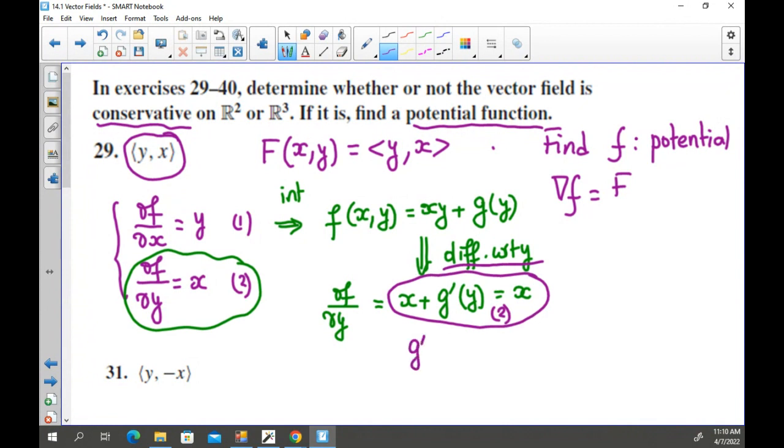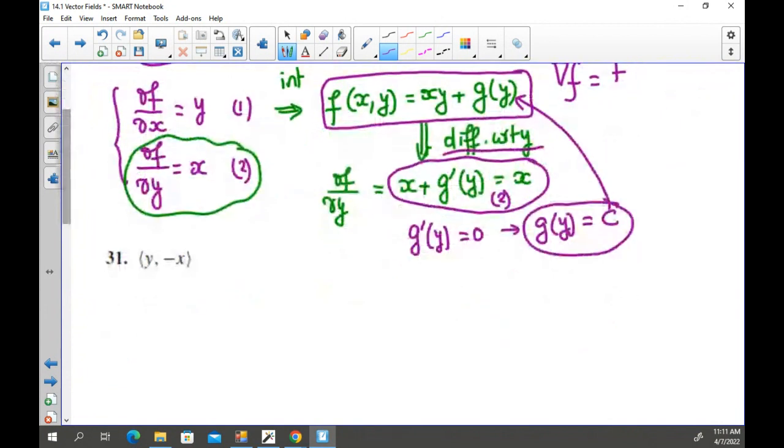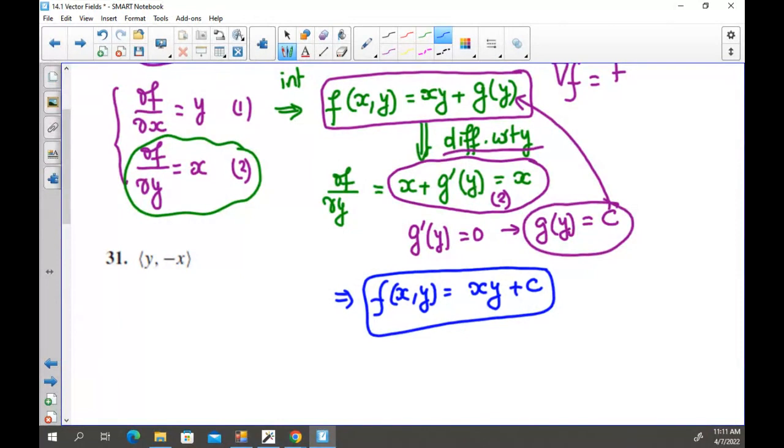Now, this is telling us that g dash is 0, which means g is c, a constant. And once you have g, take it back into the function f. So now our function f is xy plus a constant.